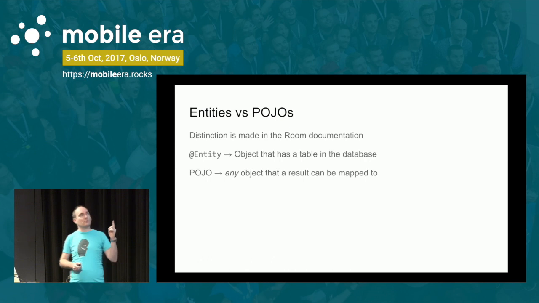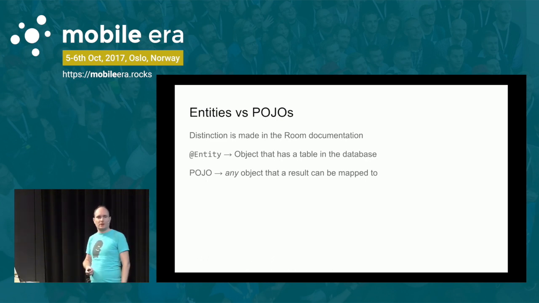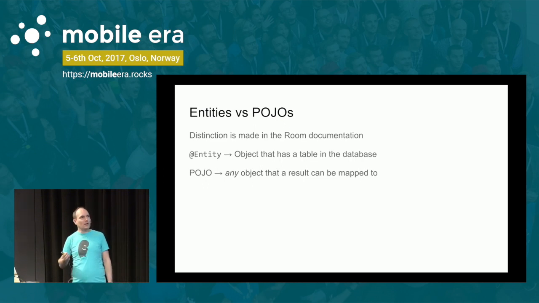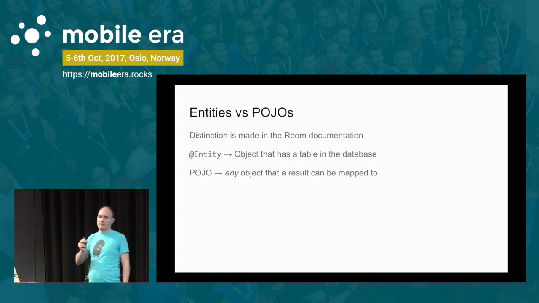Something that I didn't quite realize until I was looking into the documentation: in the documentation, it's a little bit confusing that sometimes they talk about entities and sometimes they talk about POJOs. And it's not really explicit. But with Room, everything that Room needs to store in a table is basically an entity.